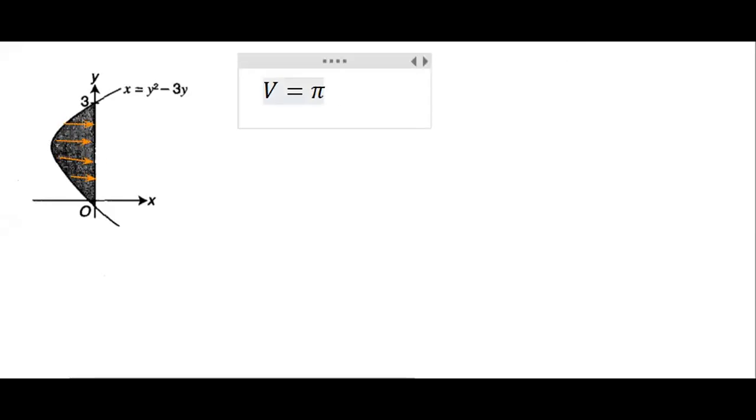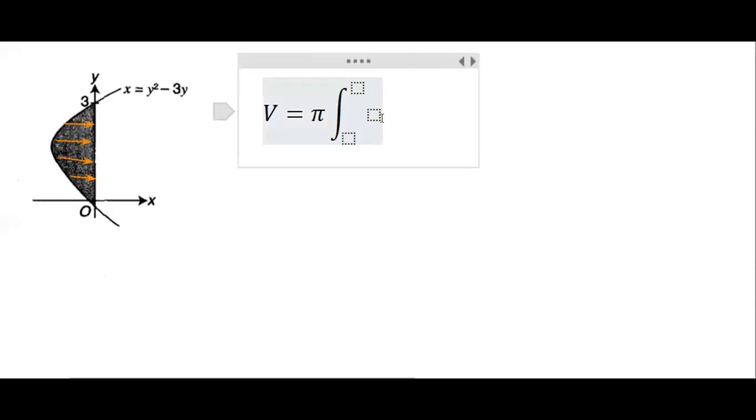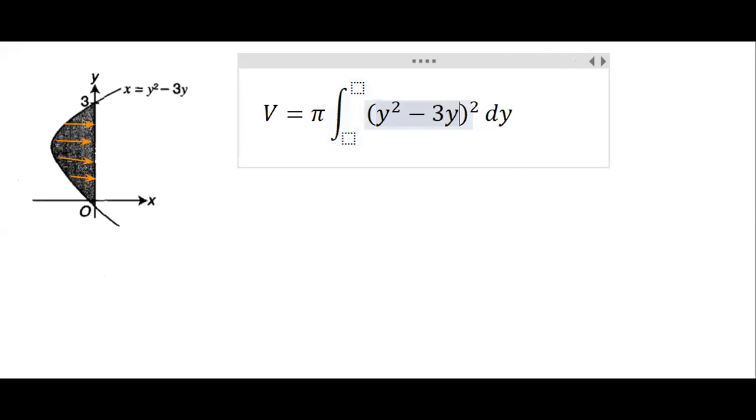Okay, y-axis here, so integrate. Kalau sini dy, dalam masuk apa? x square. Okay, so they don't give me x square, they give me x only. What should I do? I need to expand. Kan? Sebab dia punya x adalah y kuasa 2 tolak 3y.